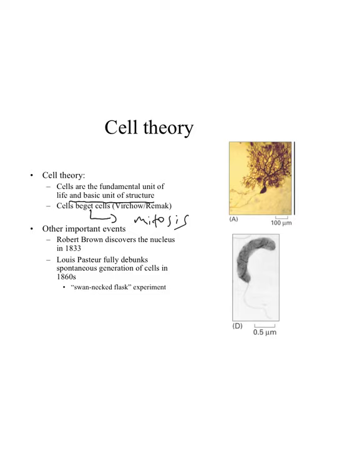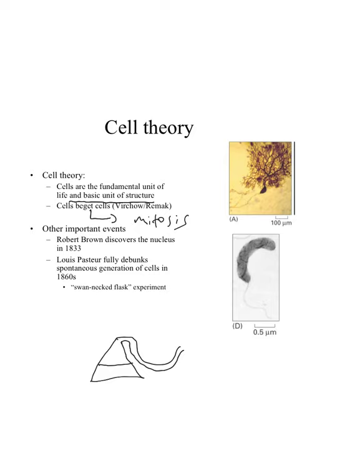And this one's kind of cool. You take a conventional Erlenmeyer and you heat up the tip, and then you extend it out like this to make the so-called swan neck. And before you've done all that, you fill it up with a nutrient broth that microorganisms like to grow in.